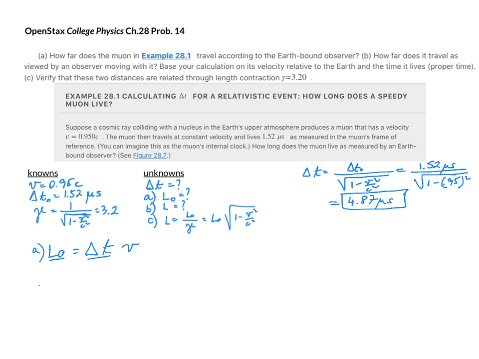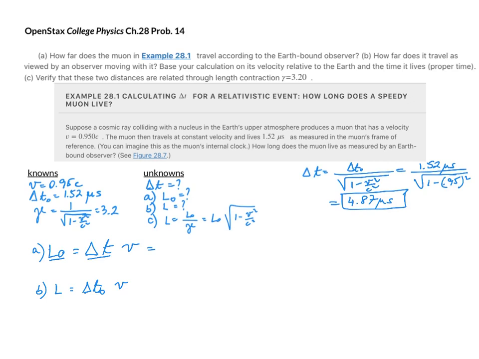And then later on, when we solve for L, the contracted length is measured by the muon as it's traveling. And the muon that's traveling actually measures the proper time, but the contracted length. So the equations are L naught is delta t times v, or L is delta t naught times v.